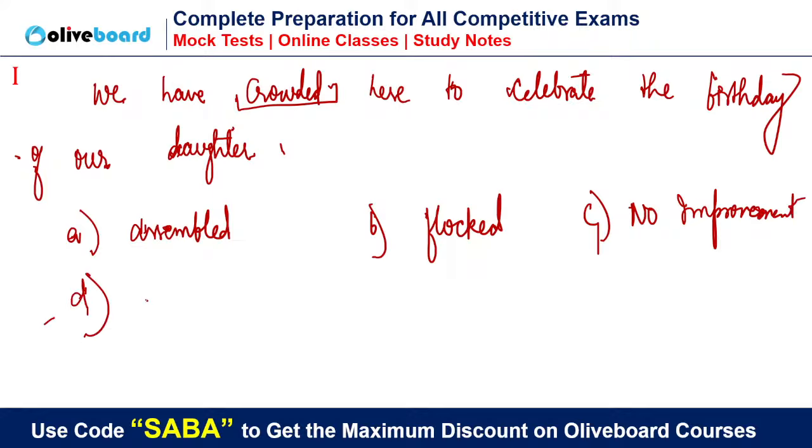D is rushed, and E is gather. Which option will you choose? Tell me quickly, everybody. Option E is gather. Now, everybody tell me which word will you choose?